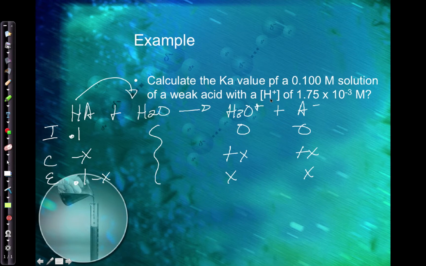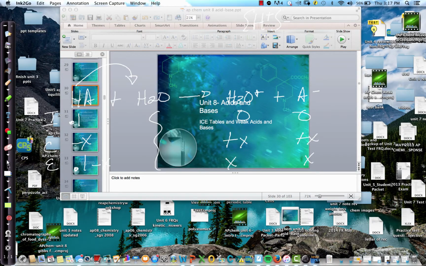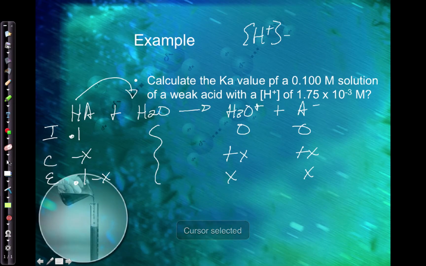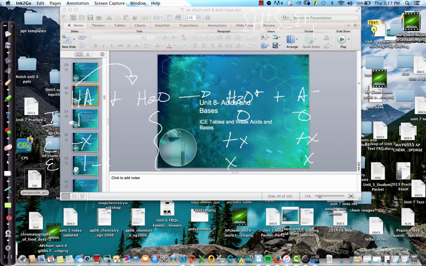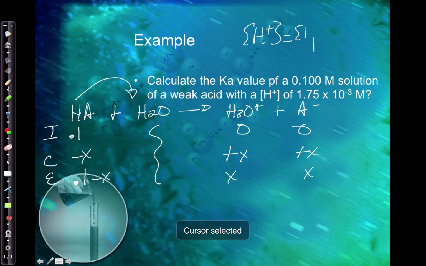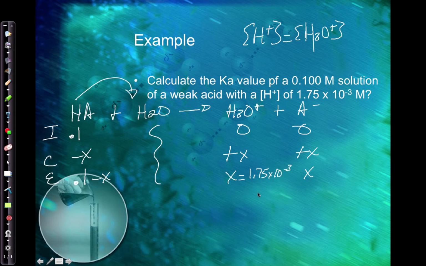It also tells me that the hydrogen concentration, which is the same thing as hydronium, that's the same thing as hydronium. So that means that X is equal to this. Well, that means that this is also equal to this, and then this would be equal to 0.1 minus that number.